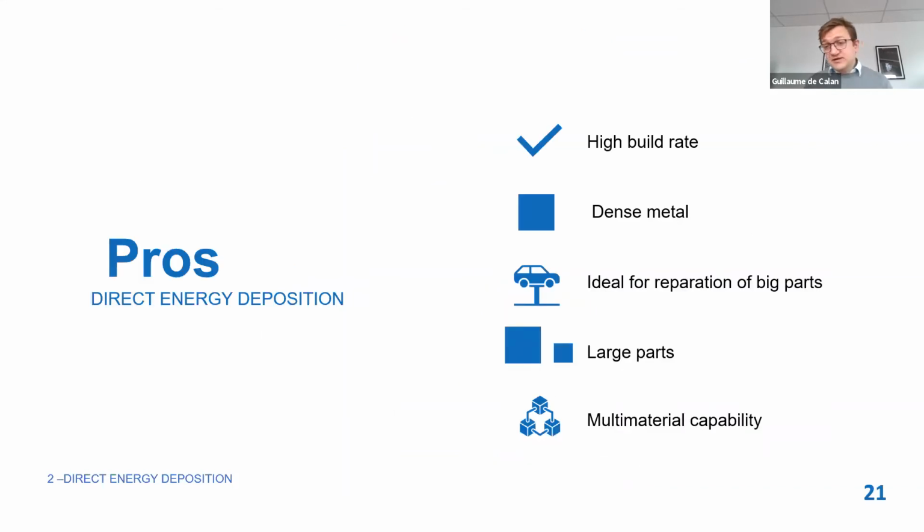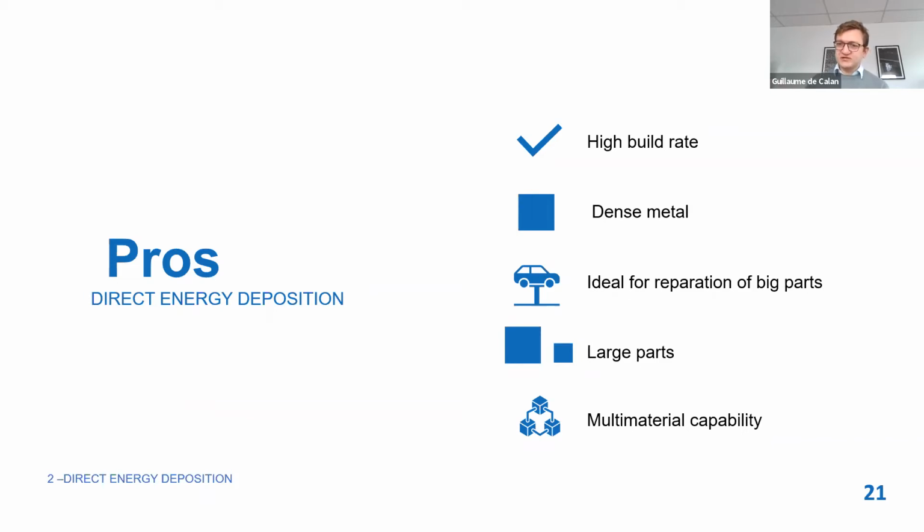Now, this is really a very different technology with some big pros and some big cons. You'll see. In the big pros, it's a very high build rate. Again, depending on the kind of machines, but it can go to a very high build rate. It makes relatively dense parts. It's one of the only ones where you can print a part, but you could also just repair a part.